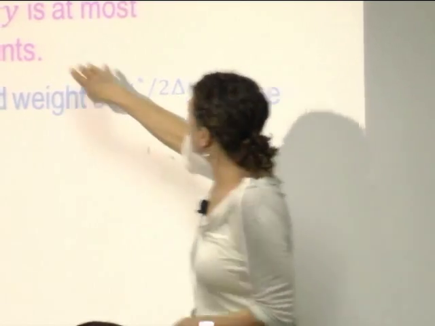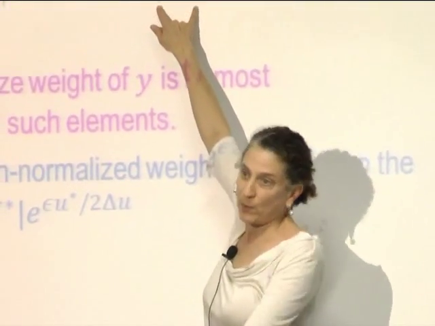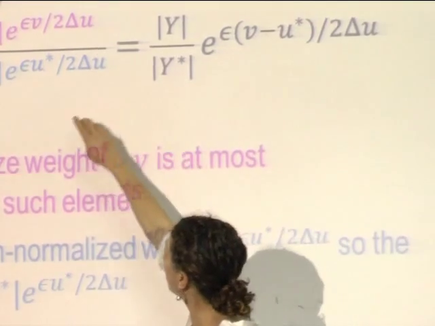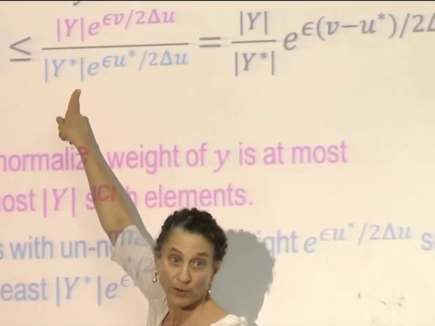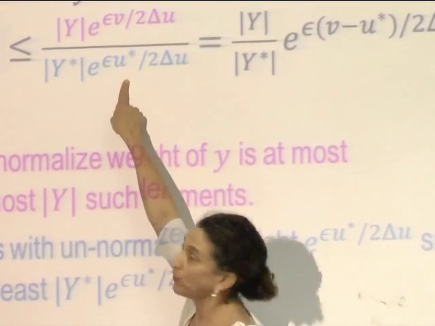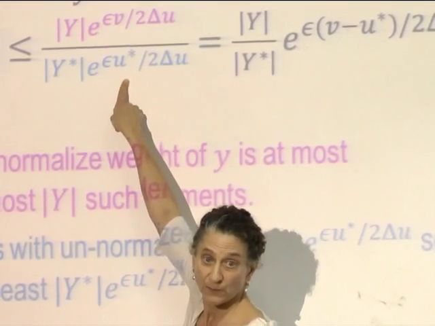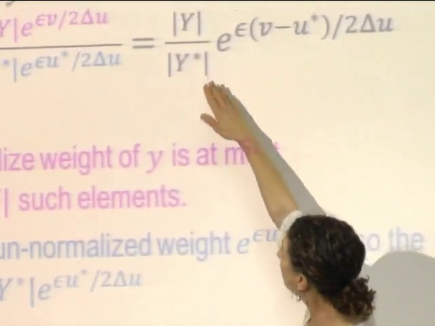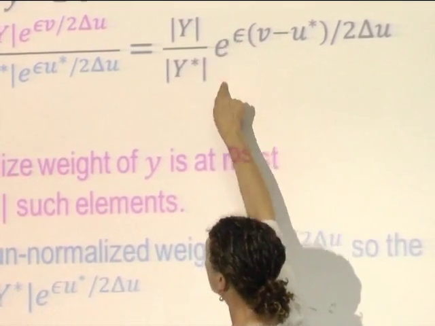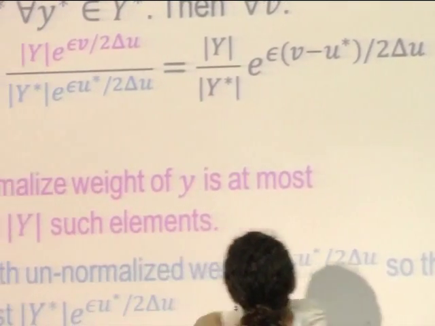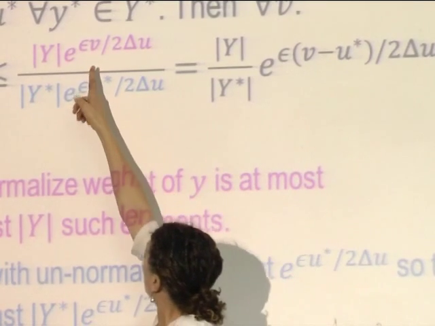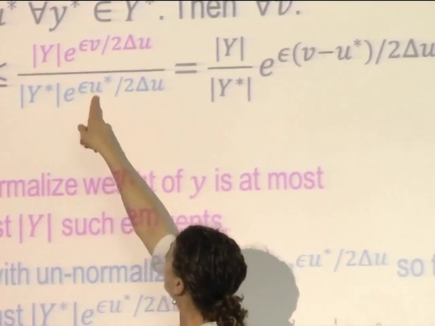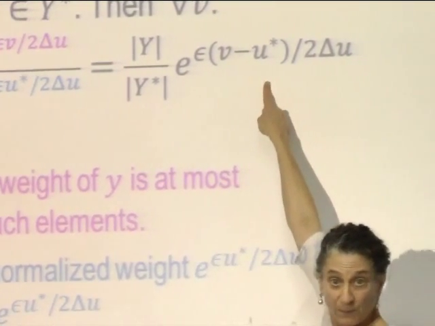Okay? And there are, however many optimal there are of those. So that's our Y star. However many optimal there are, it's at least 1 times the utility of those. Okay? And now everything works out beautifully. We have the |Y| over |Y star| from here. And we just have this, v minus u star over here.